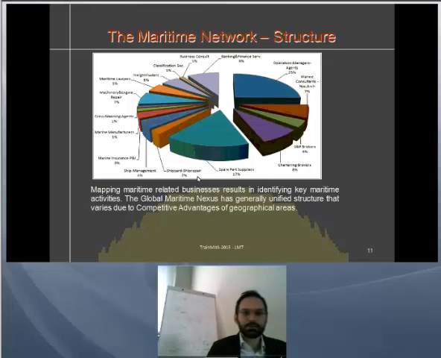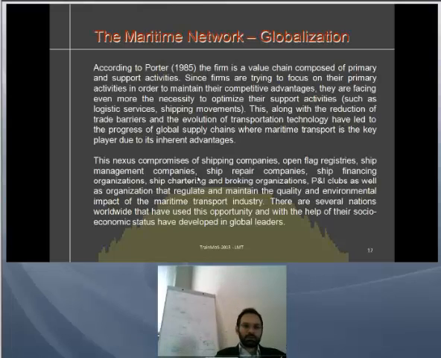So now to the maritime network and globalization. According to Porter's theory about business networks in general, firms are considered to be a value chain composed of primary and support activities. Since they're trying to focus on their primary activities, they need to maintain their competitive advantages.